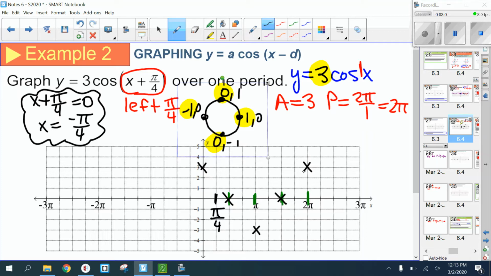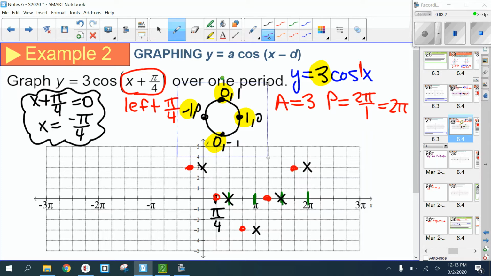My shifted curve and my final answer would be what I would get when I shift all of these points to the left pi over 4. Now remember, left pi over 4 means left 1 tick mark. So take each of your x's and shift them to the left by 1 tick mark, or pi over 4. And that's going to be your cosine wave with the phase shift. I would fill in the pattern.